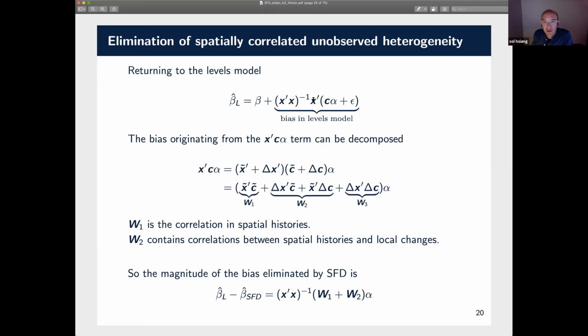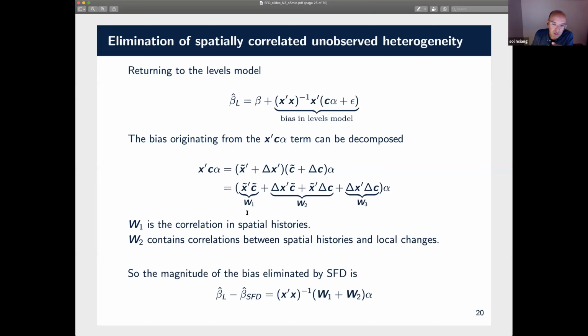If we focus on this term here, which is the source of all the bias, x prime c alpha, we can decompose it by transforming each x and each c into the terminology I just showed you, where x is the sum of its spatial history plus an innovation, and c is the sum of its spatial history and its innovation. And so overall what we see is that the omitted variables bias is the sum of these four terms, or if we group them, these three terms.